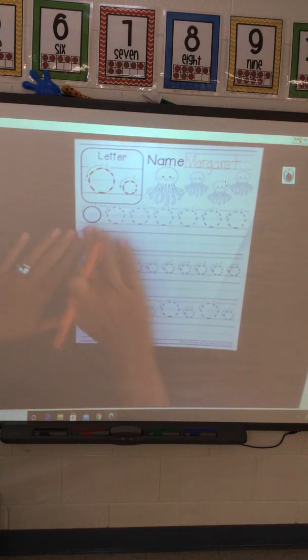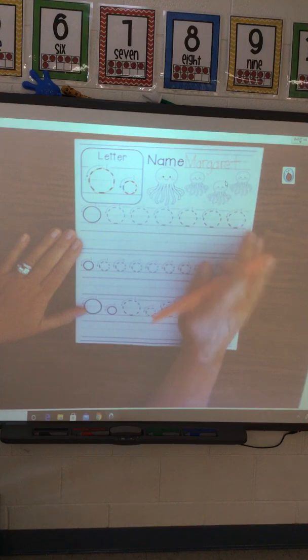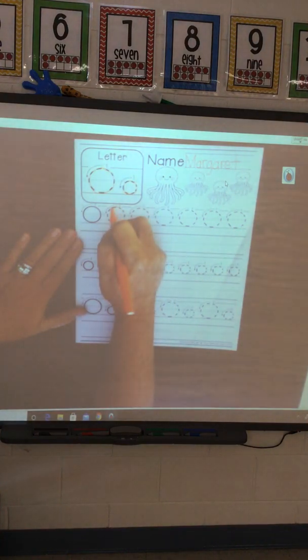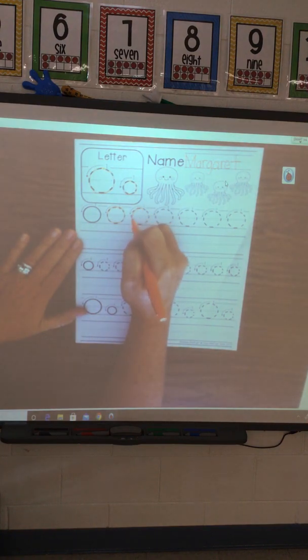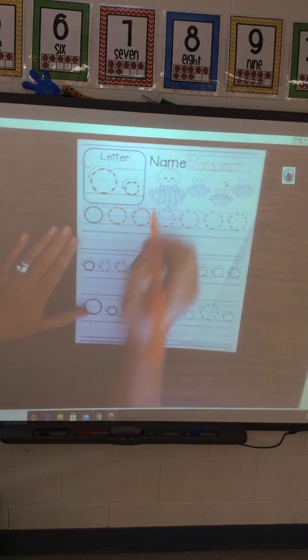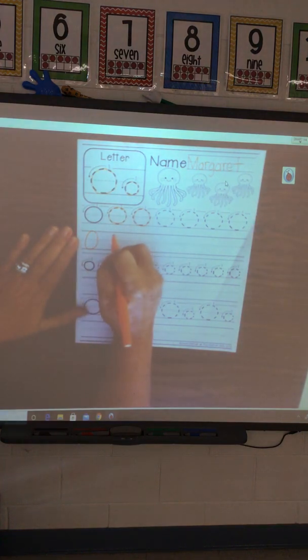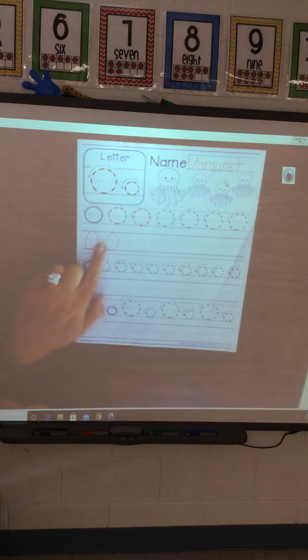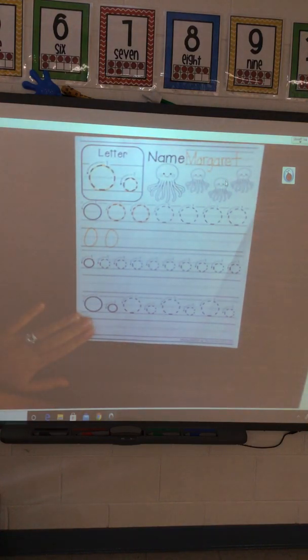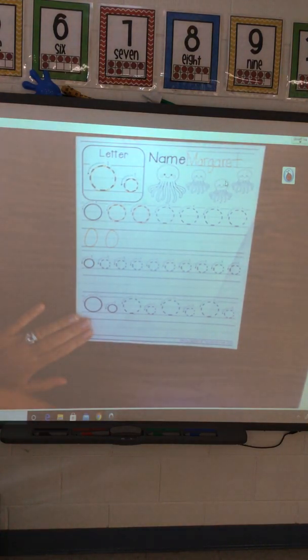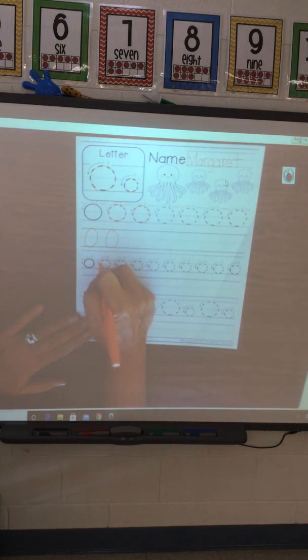Okay, boys and girls, you are going to trace this whole row of uppercase O's. After you finish that row, you're going to write a whole row of uppercase O's. Just leave a little finger space in between each one. Then you're going to do the same for lowercase O. You're going to start at the dotted line, curve around and close it.